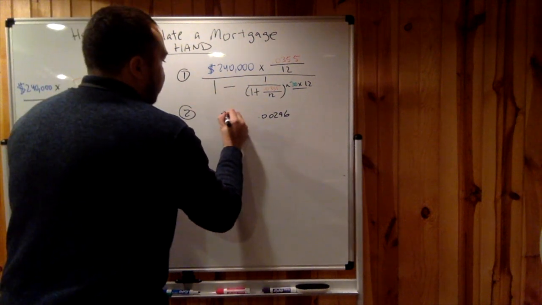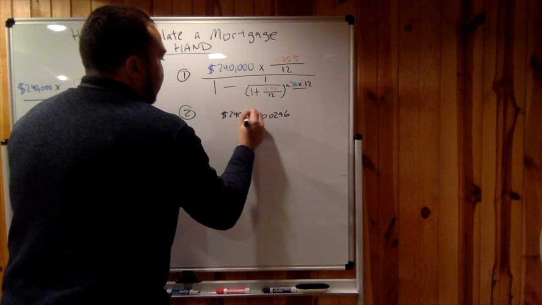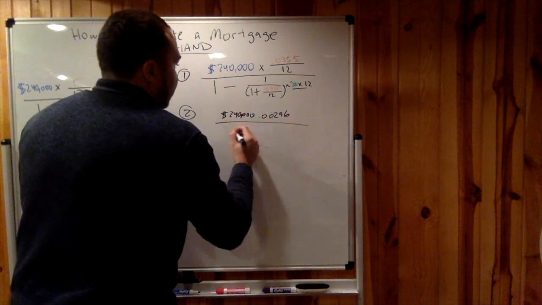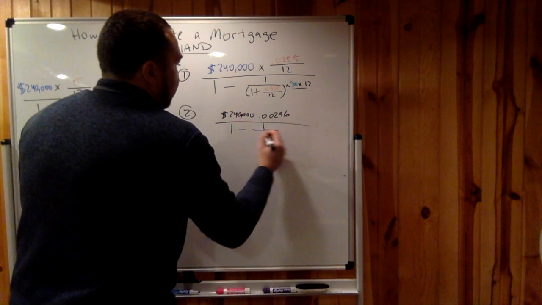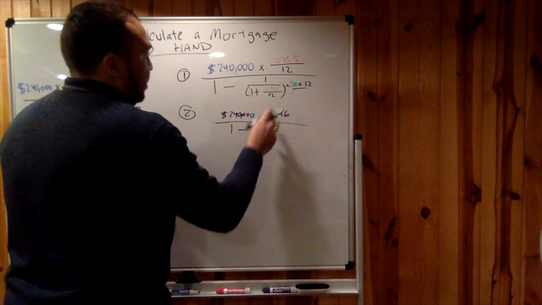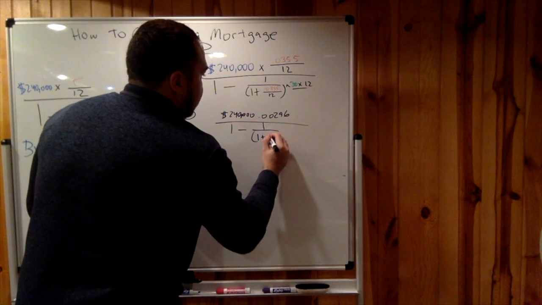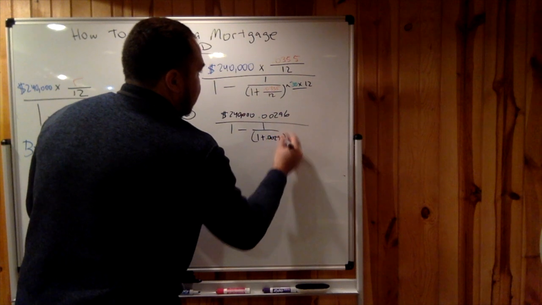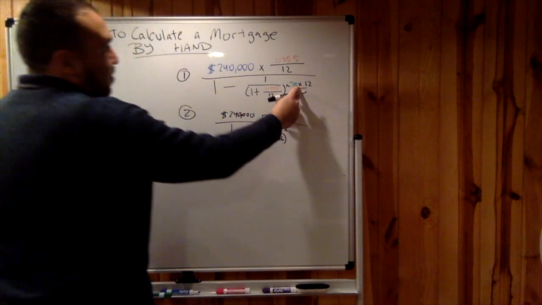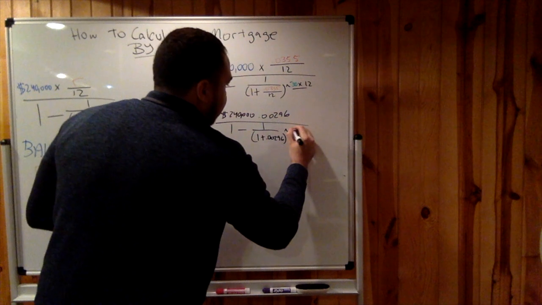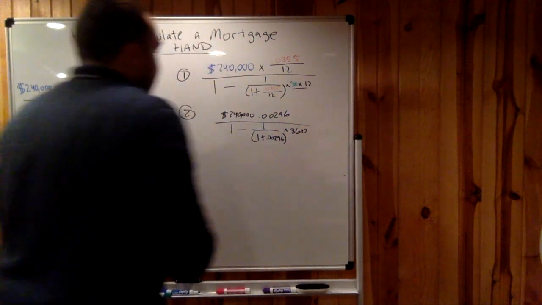So we're still going to multiply the loan balance by that. And then we can start breaking this down. 1 plus, we know this is the same as here, 0.00296. And then we know that the term is 30 times 12, so 360, correct? All right.